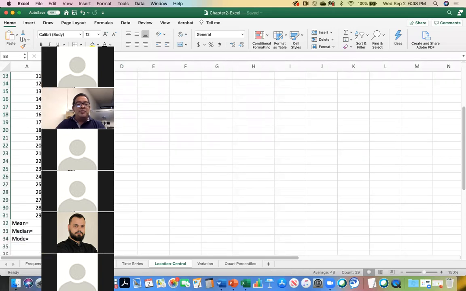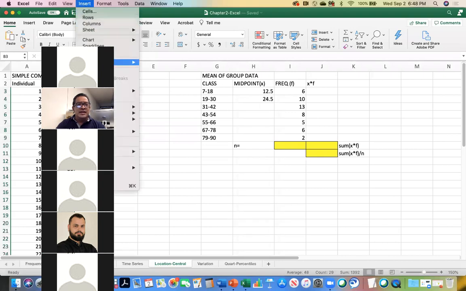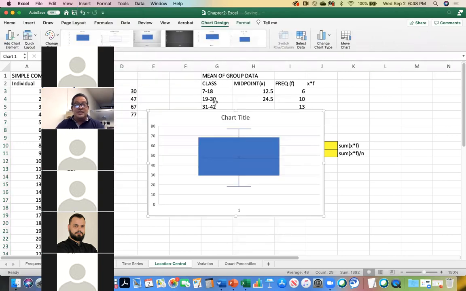So what we're gonna produce is a graph that is called the box and whiskers. You are gonna see insert chart, and it says box and whiskers, okay?